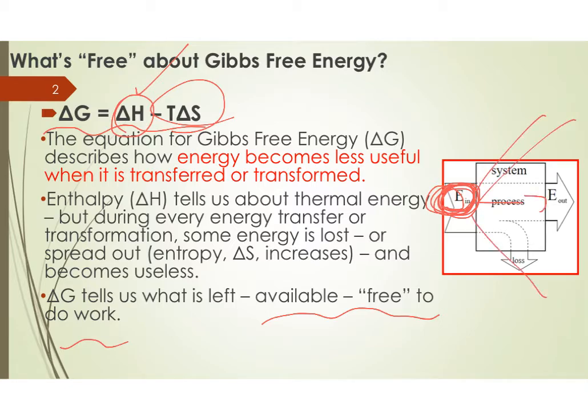So we do that to show that it's spreading out due to entropy. And so the energy that we're left with after we've transformed it into another type of energy or used it is less useful.